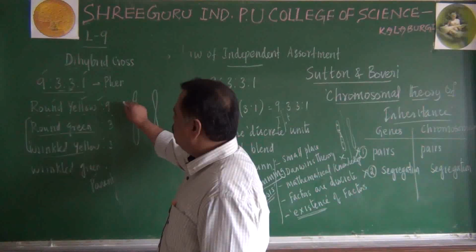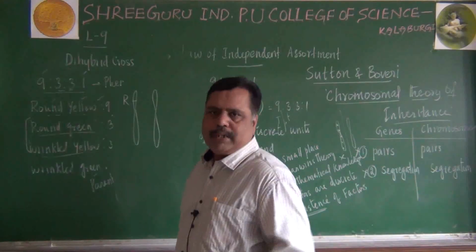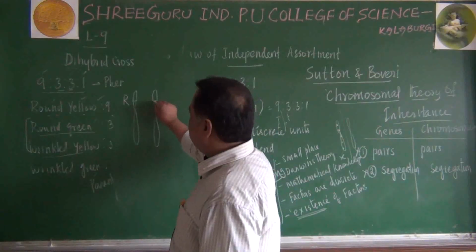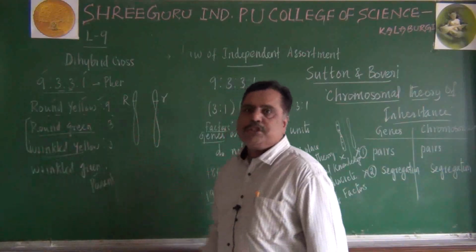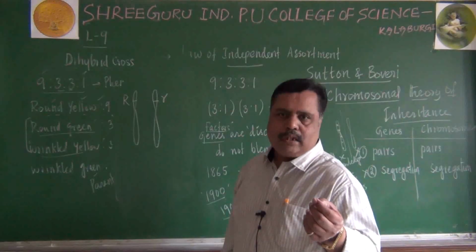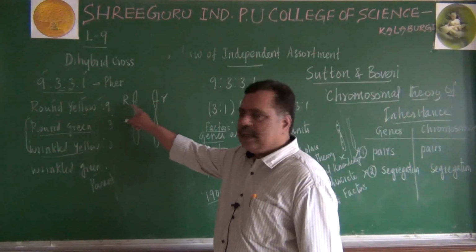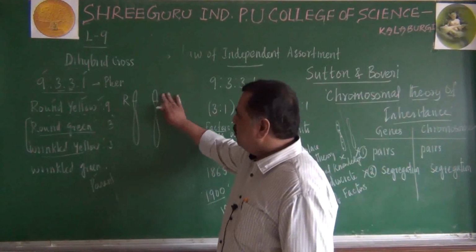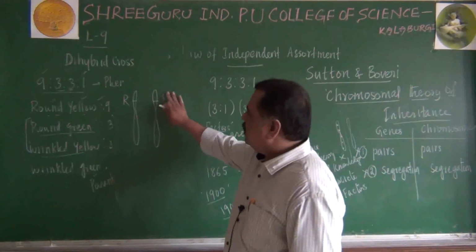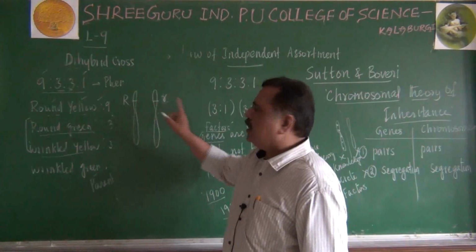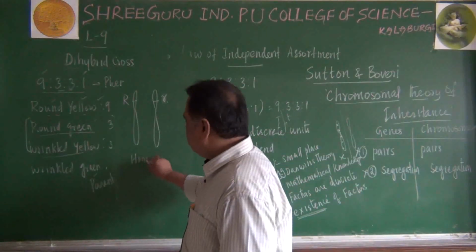If this chromosome has one allele for shape, called capital R, this chromosome will also have an allele for shape in that same position. The position of a gene is called the locus, as I told you. In the same locus, they have alleles. They may be homozygous if they are capital R, or they may be heterozygous if they are capital R, small r.